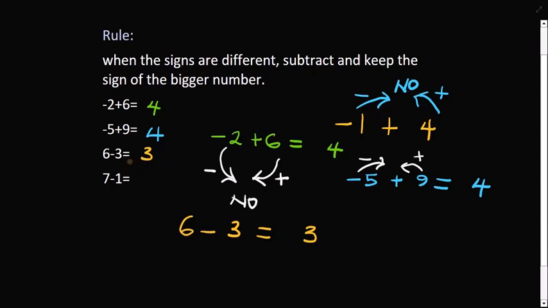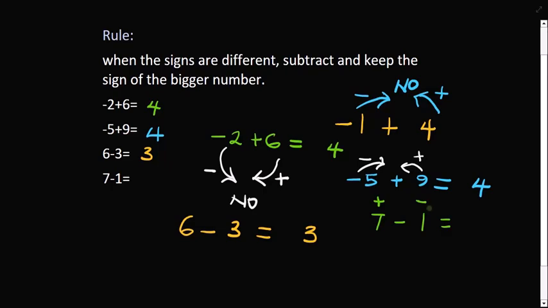For the next question, which is 7 minus 1, are the signs of these values the same? No, because for 7 we have a positive, and for 1 we have a negative. So their signs are not the same. And when you figure out if their signs are the same or different, what's the next thing you do?